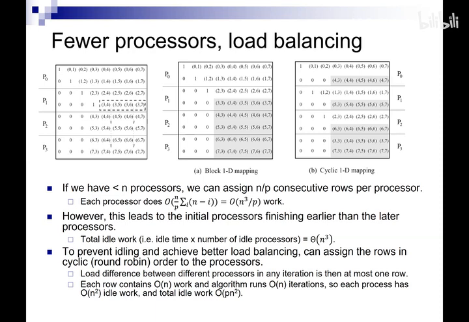And since consecutive processes only differ by one iteration, the total idle work is going to be order p times n squared, p being the number of processes, instead of order n cubed. So by doing this cyclic assignment, we can get better load balancing.